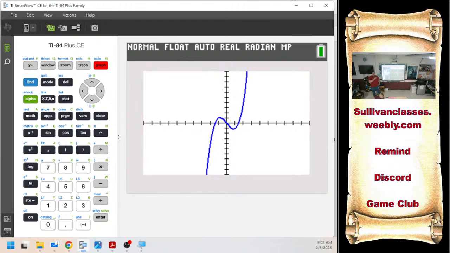We said that this was an odd function and we had the proof for it. If it's an odd function, it's symmetric to the origin. Take that calculator, flip it upside down. Isn't it the exact same picture? Yep. That's how I know it's an odd function. What I wrote up there is the proof that it's odd.